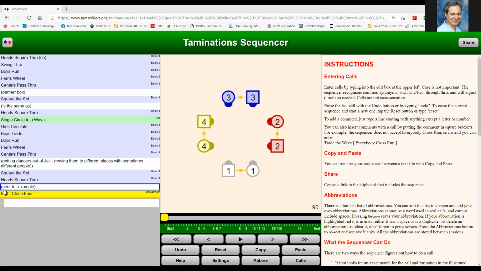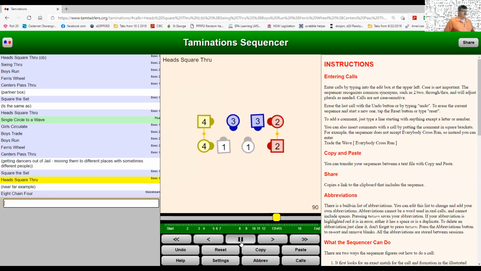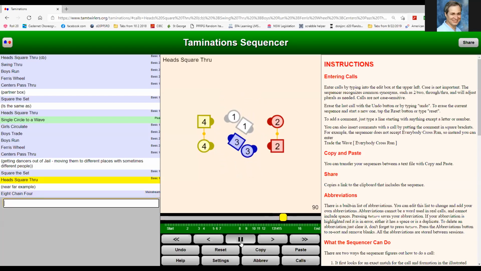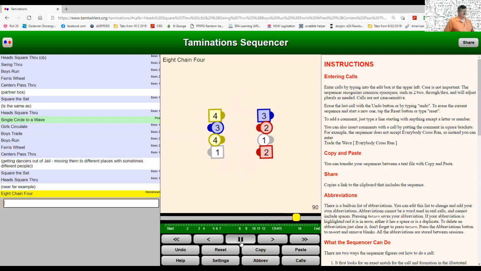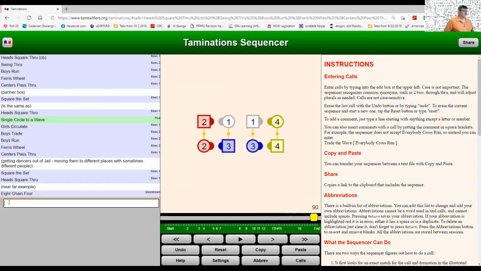Okay, so I had just got to the near far example. Let me find 8 chain, sorry, from the corner box, and 8 chain 4 is a near far example. So we're going left to right now.